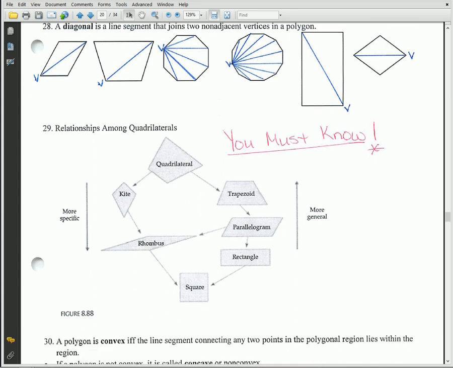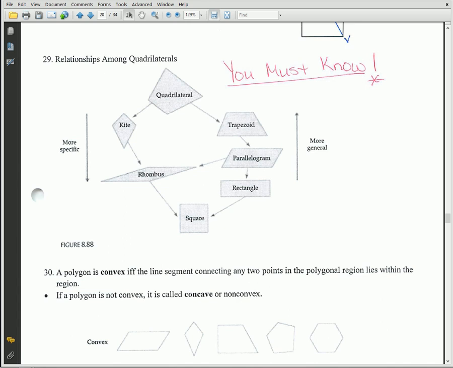All right. Next, the relationship of quadrilaterals. You have to know this hierarchy, okay? You must know. We will have a lot of true or false that'll say every rhombus is a kite, true or false? True. Every rhombus is a trapezoid, true or false? True, because the definition of a trapezoid is it has at least one set of parallel sides.